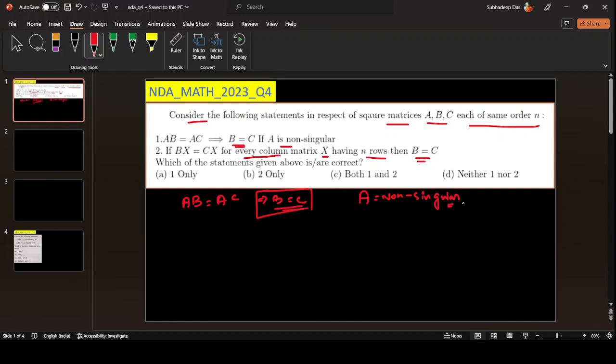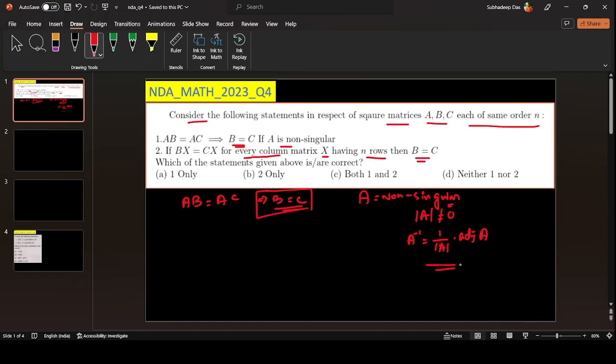What does it mean? It means that determinant of A is not equal to 0. So we can calculate the A inverse. A inverse equals 1 by determinant of A into adjoint of A.